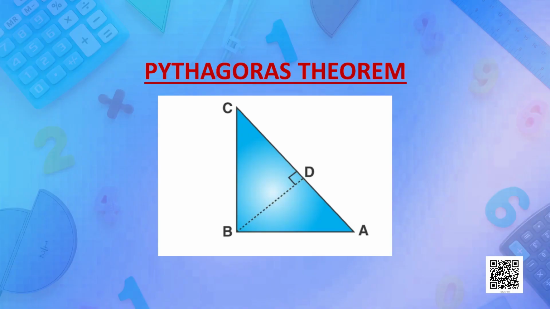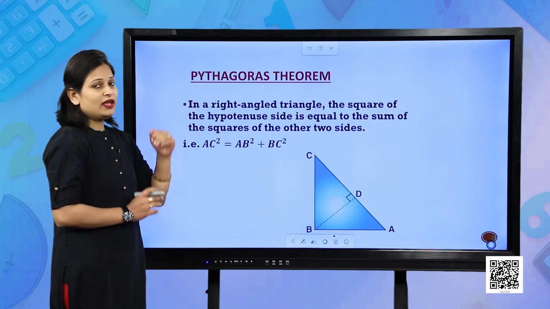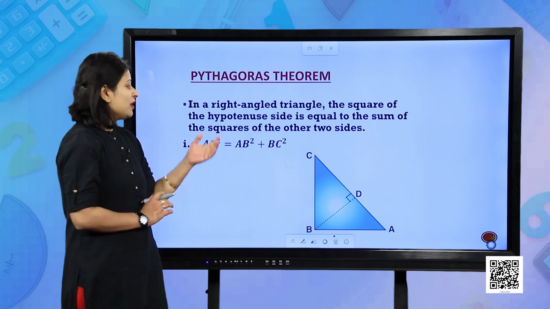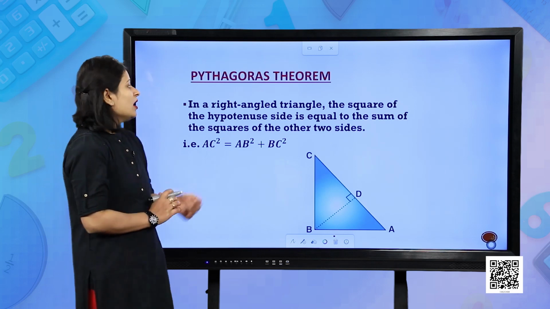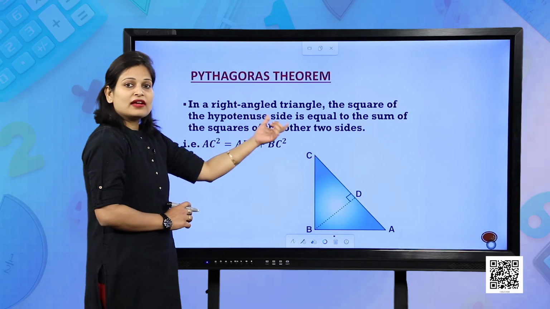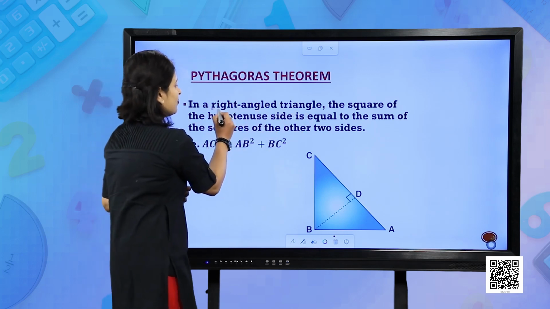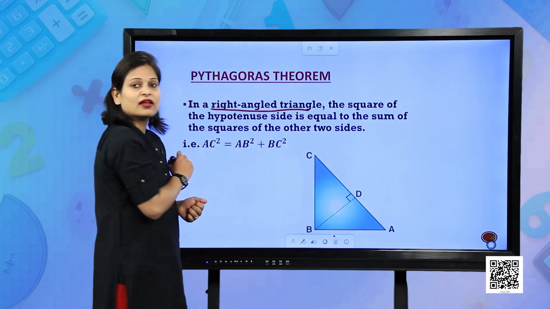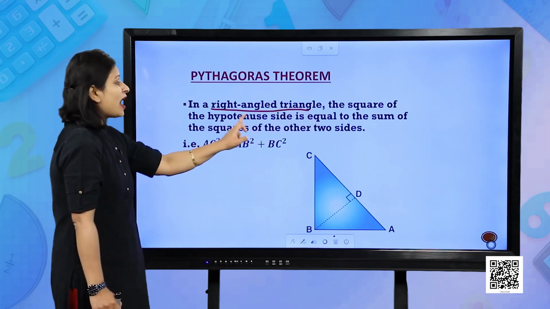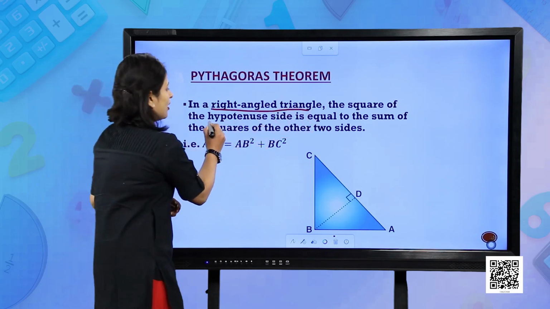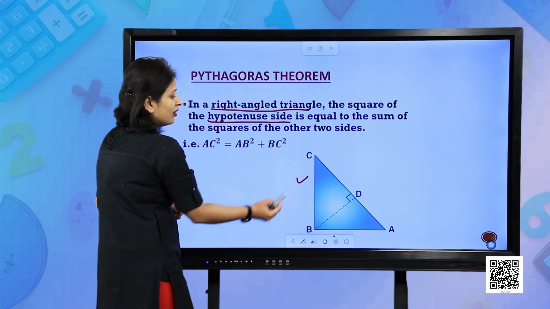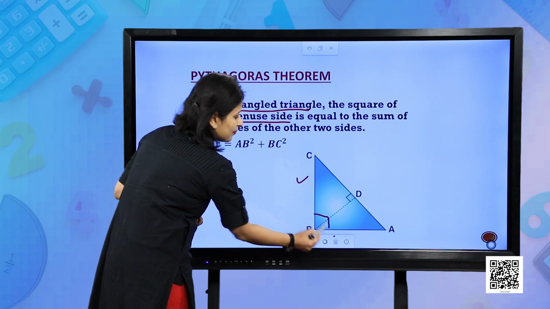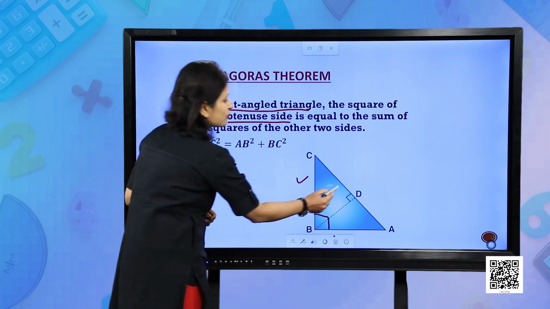Now, I will touch upon Pythagoras theorem. This is a very important theorem, and we will be using this theorem in this chapter for solving questions. Now, in a right angle triangle, the square of the hypotenuse side, as you can see this triangle which is right angled at B. So, what will be the hypotenuse?